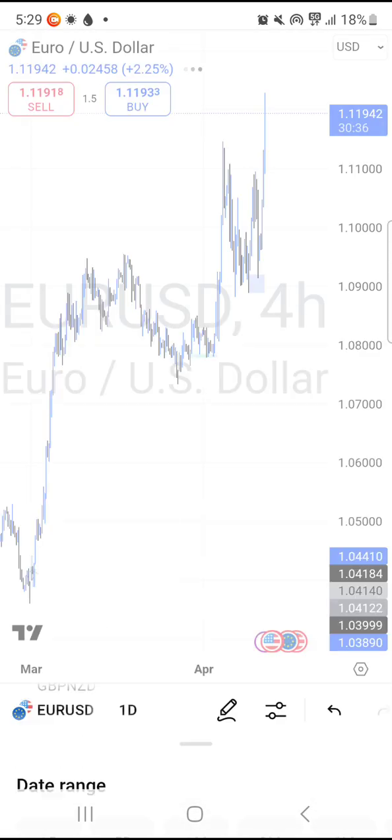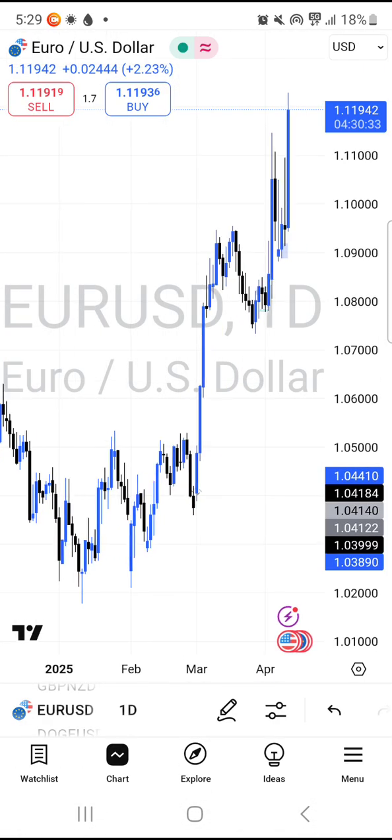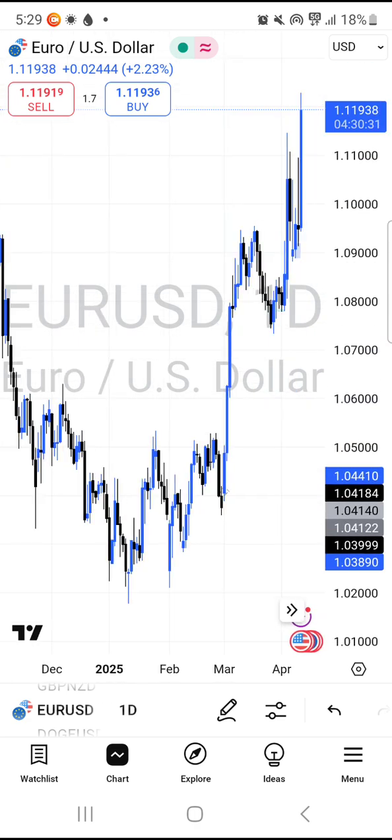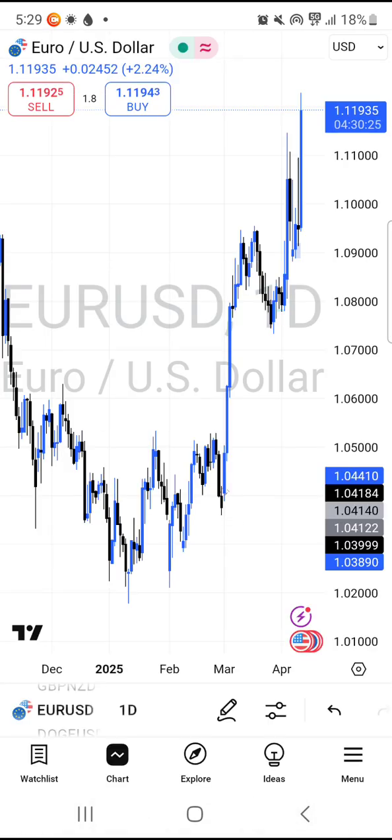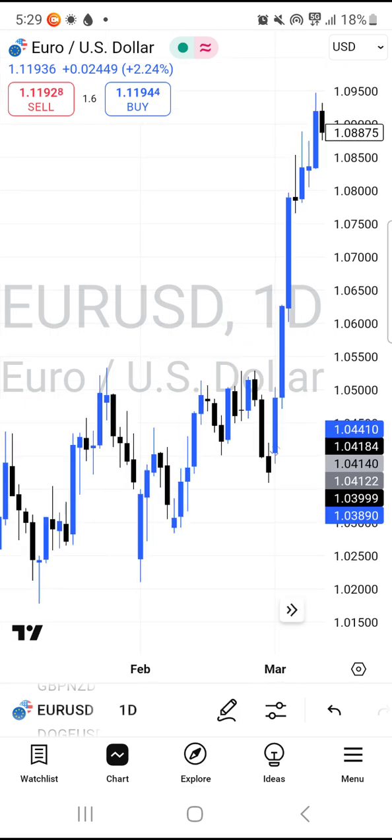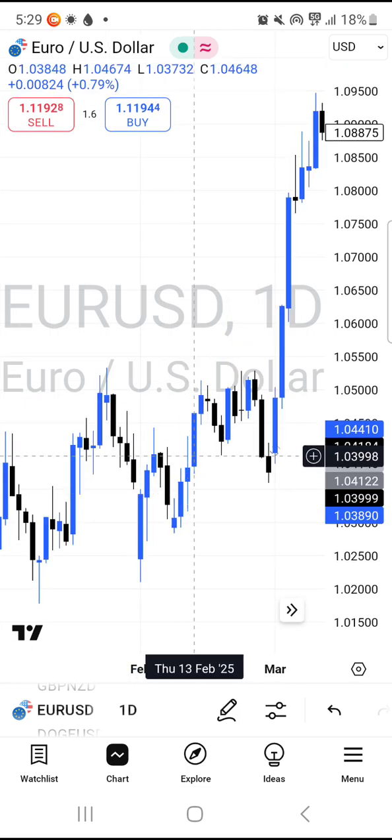So we're gonna start from our top-down analysis. When you're doing top-down analysis, you start from your weekly time frame, just like I showed you guys this D here. This is where you change your time frames. Time frames is you seeing the market in different times. This one D is seeing the market in daily. Each candle here is a daily candle.